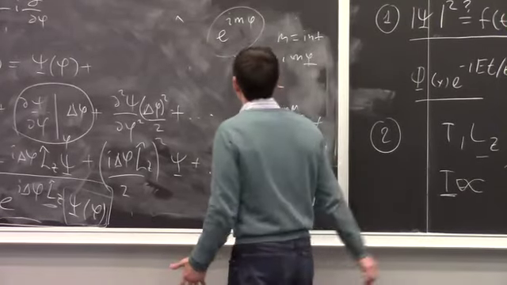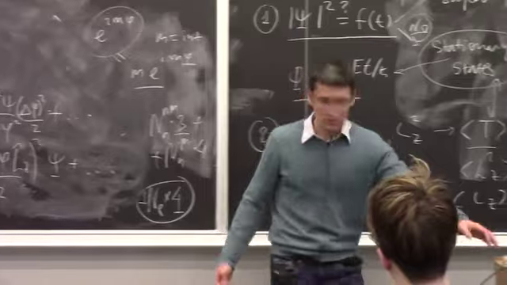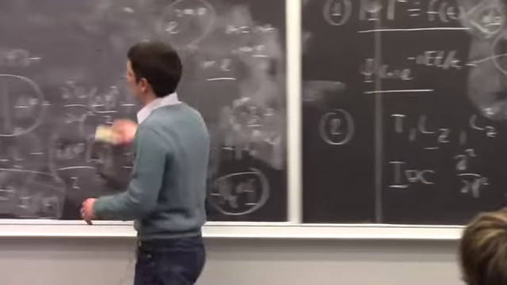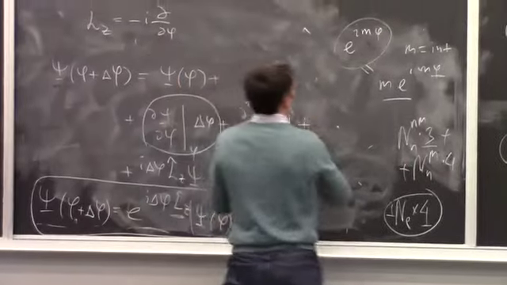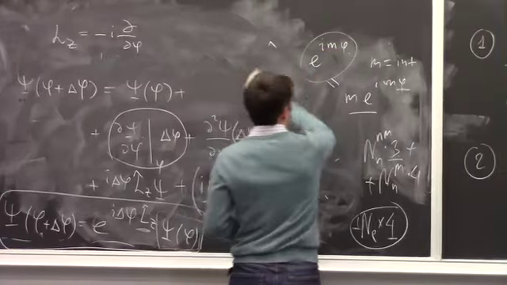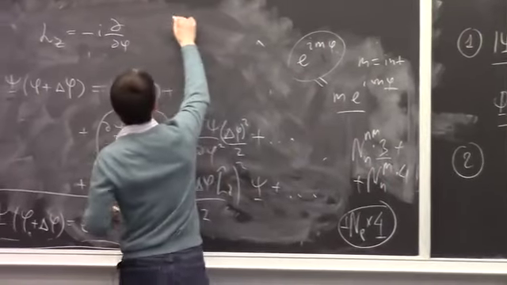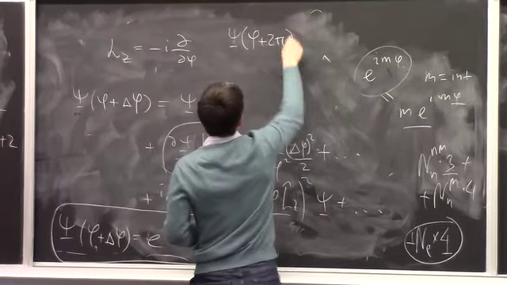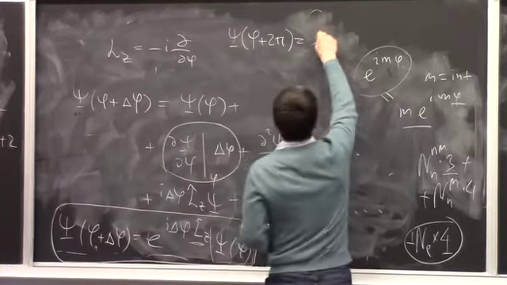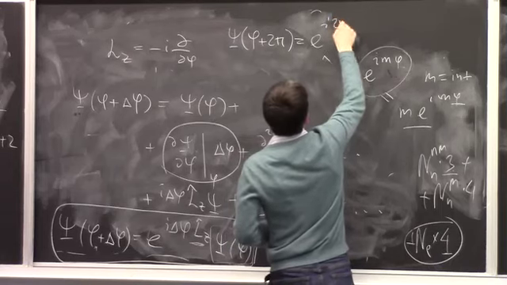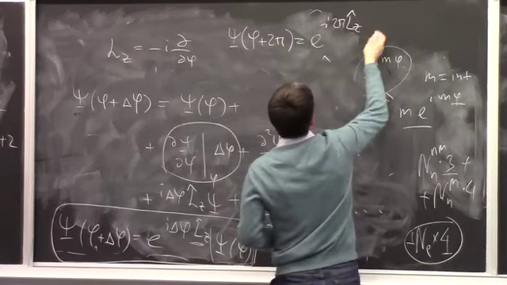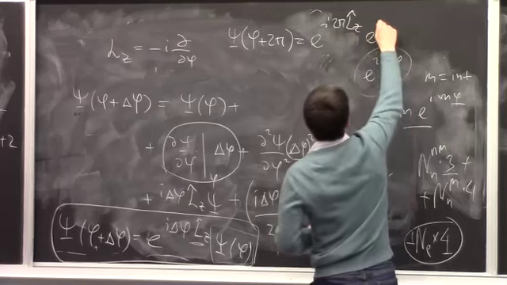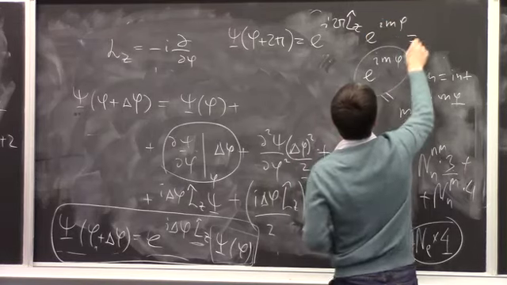And we can check that. Let's put, instead of psi, the function exponent of i m phi. And so we have psi of phi plus 2 pi equal to exponent of i 2 pi Lz acting on the exponent of i m phi.